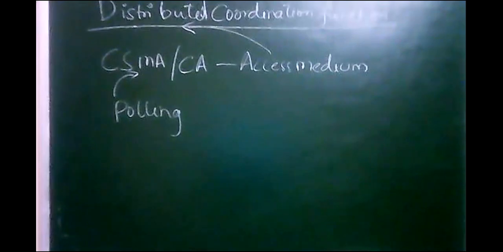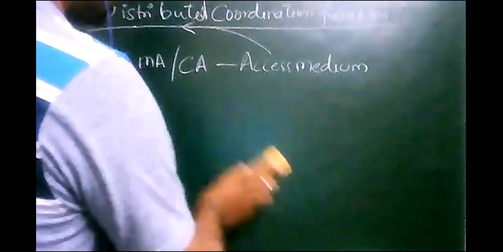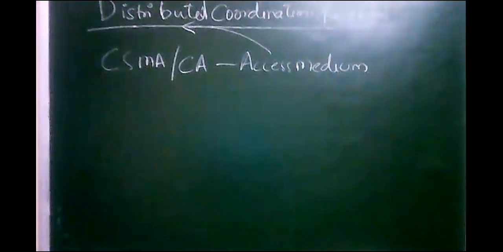According to the distributed coordination function, why is it not using CSMA/CD? There are three reasons for which CSMA/CD is not being used as an access method as part of the distributed coordination function.